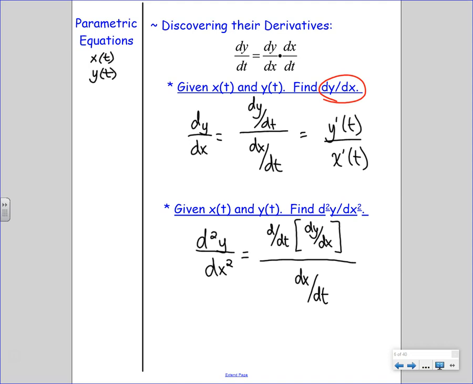What was dx/dt right here? What was he? He was the x prime or the u prime from chain rule to begin with.